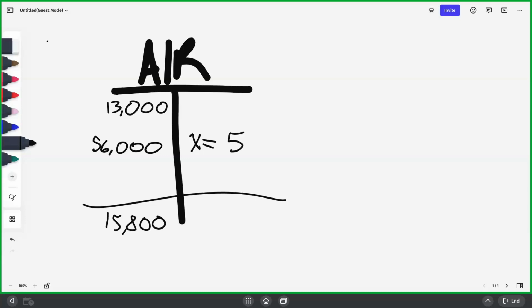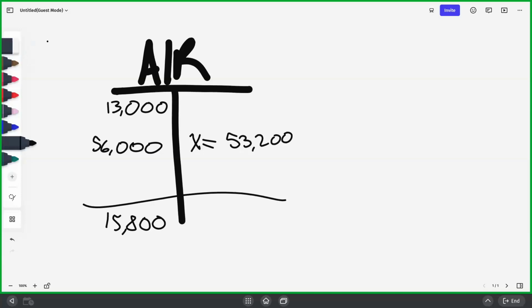So our accounts receivable goes down 53,200, and people only owe us 15,800. I love T-charts. No joke, they're your best friend for accounting.